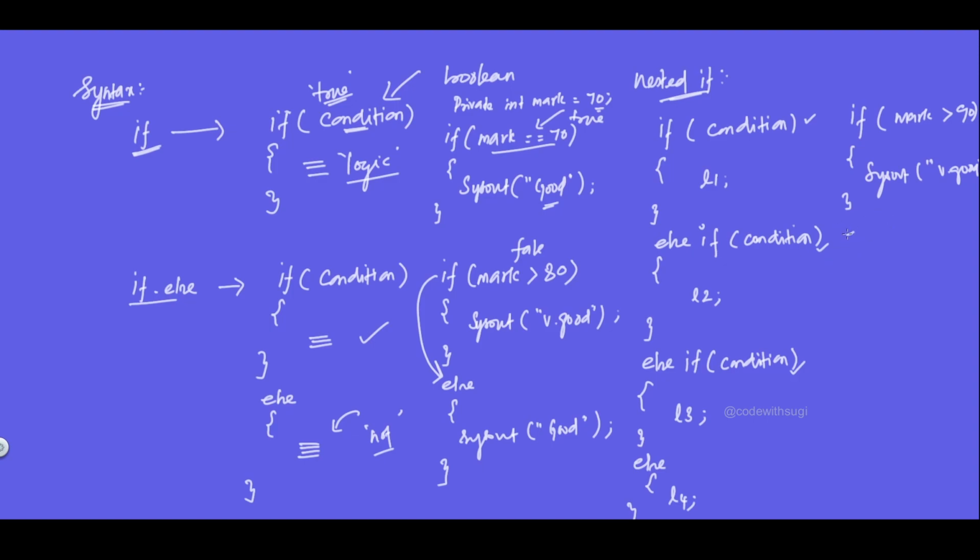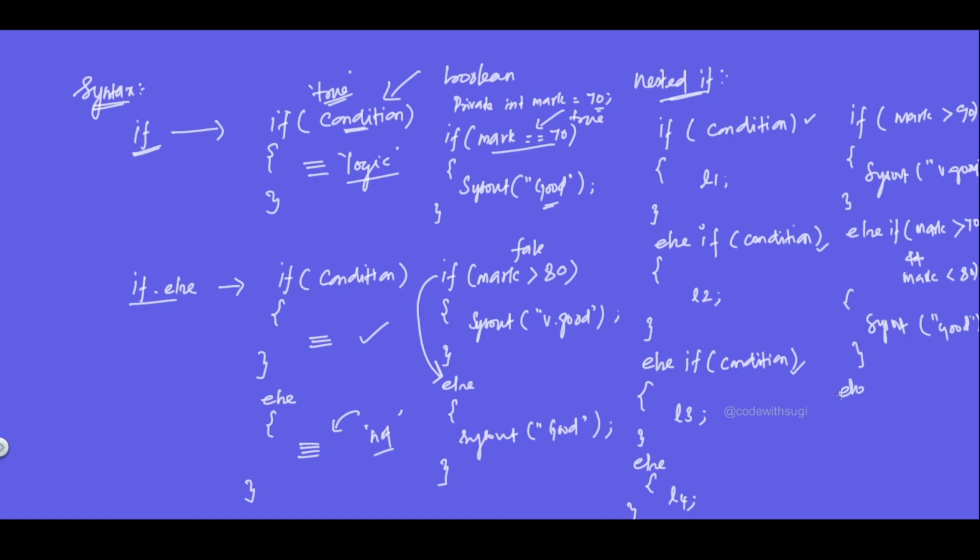Then the next one, in that else if, we have to specify the mark is greater than 70 and mark less than 80, then we will say sysout good.